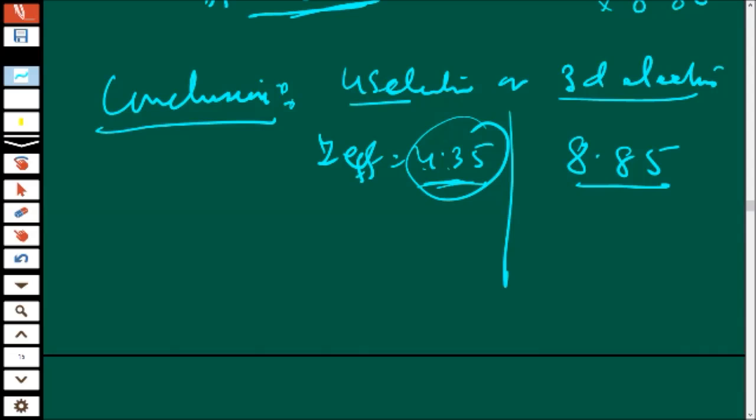Sir, you have written that if Zeff increases, then atomic size decreases, so in 3d, Zeff is increasing. I am not asking about size. I am asking who is attracted more, who is having more effect of the nucleus. The 3d electron. That is what I am telling you. It means more effect is there, so they will become closer to the nucleus. Did you understand?